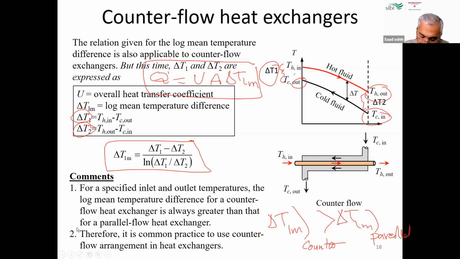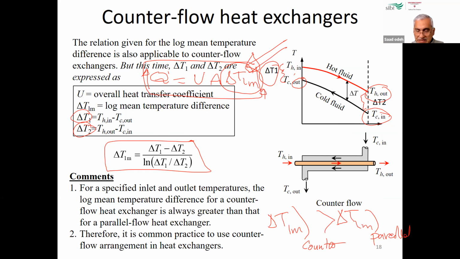Look at this equation. If I have bigger delta T_LM, what should I have? The more delta T, the more Q dot, correct? This means that the counterflow heat exchanger performs better than the parallel flow heat exchanger.